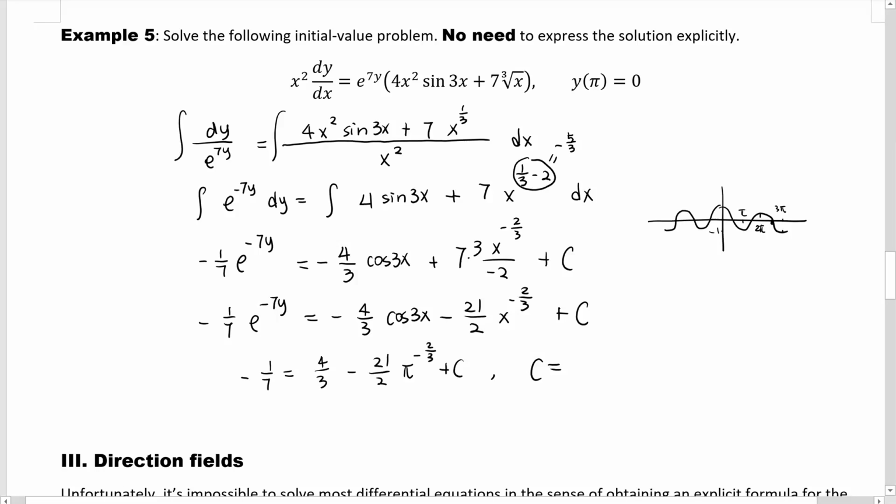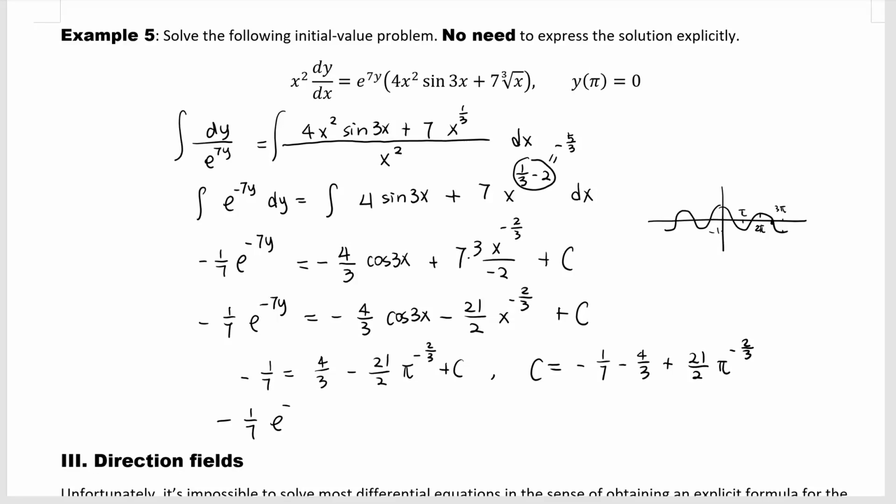So c is, what is that? We get c is minus 1/3 subtract 4/3 plus 21 over 2 pi to the negative 2/3. Okay, and then let's copy it down.